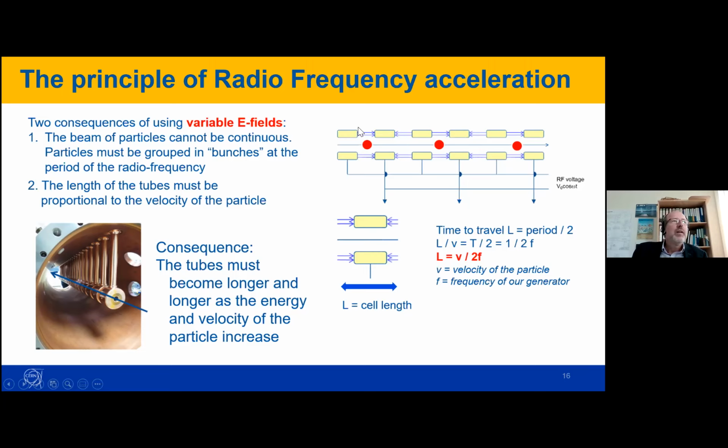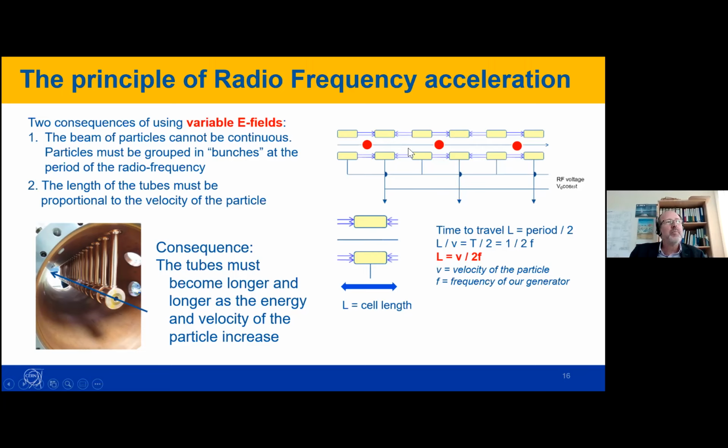So in this way, if you can create a few hundred kilovolts of acceleration between the tubes, the acceleration adds up, and you can reach several hundred kilovolts, megavolts, gigavolts. You can add up acceleration. This is the basic trick of radio frequency acceleration. There are 2 points to be remembered: first, the beam cannot be continuous, so you always talk about bunches of particles. And second, there is a magic length that depends on the velocity of the particles.